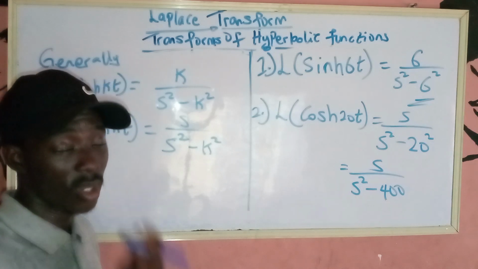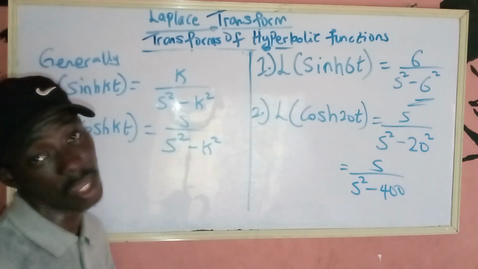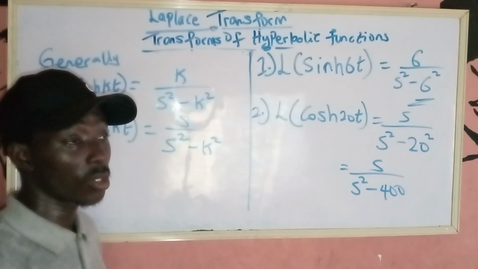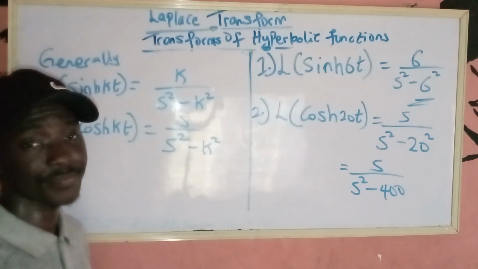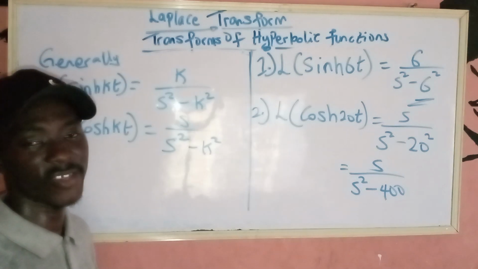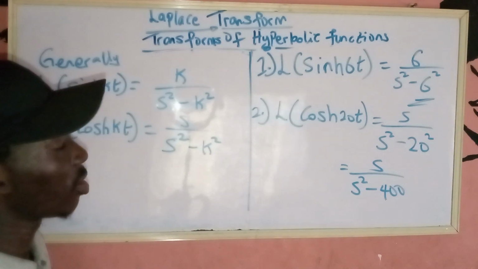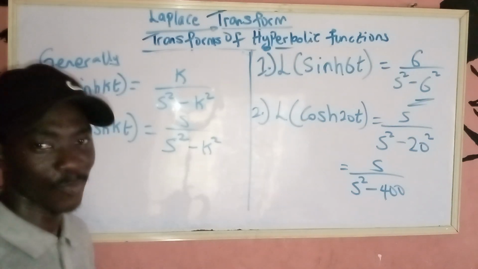And the other functions that we have, you don't need to go through hard processes. We have theorems to do that. The other complex functions, we use theorems like the phase shift theorem, like the derivative of transforms, and all that, as well as basically other transforms of complex functions. But for now, enjoy this.